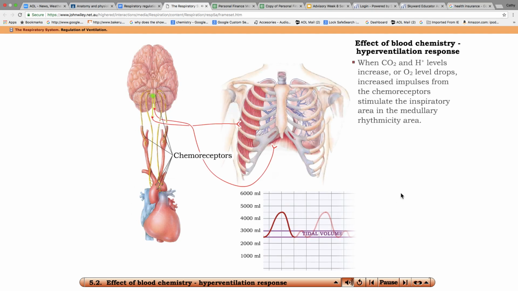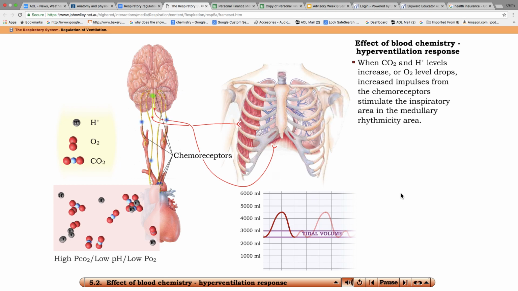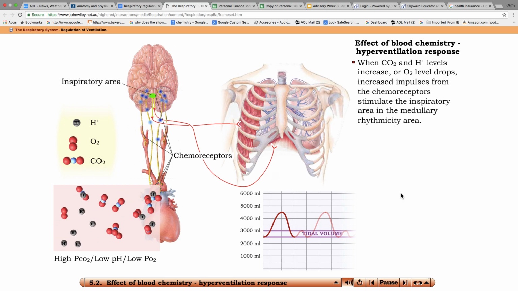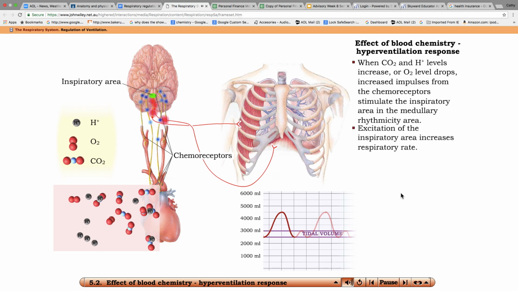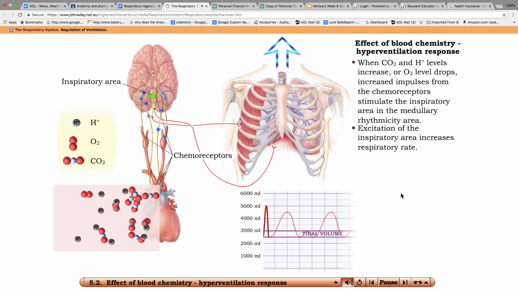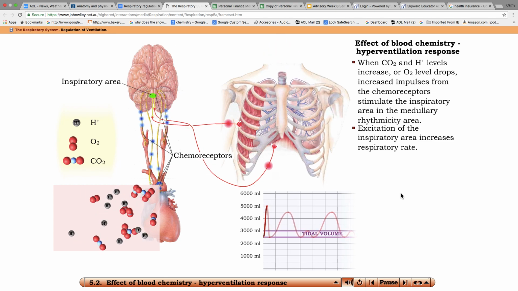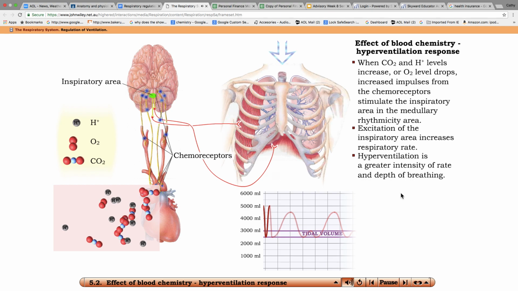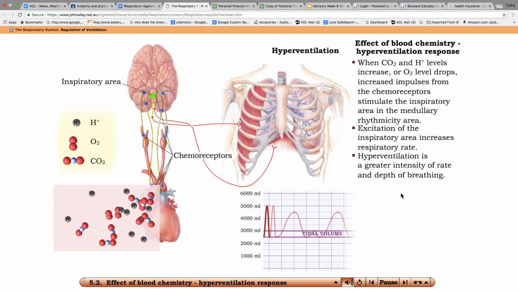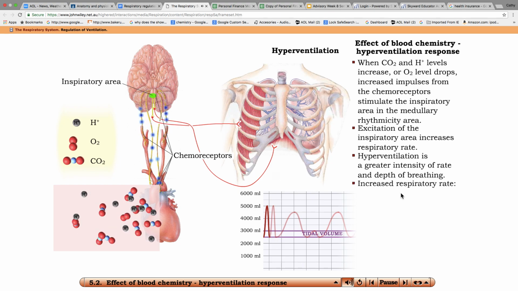So if you look at this, hyperventilation. If I am having too high levels of CO2 and H, and my oxygen level drops, it stimulates the area of the medulla in your brain. Basically, it causes you to increase your breathing rate. So if your carbon dioxide levels go up and your hydrogen level goes up in the blood, it stimulates the medulla to get that inspiratory area to start you breathing more rapidly.